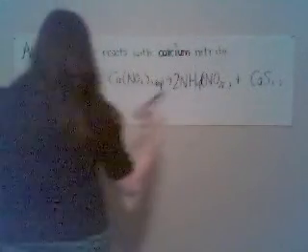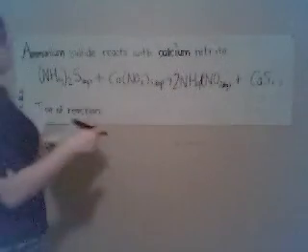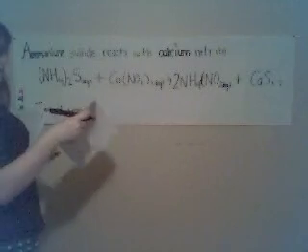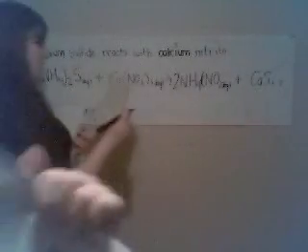The next one, I'm going to find states for NH4NO2. We already stated that everything is aqueous with NH4, so this is aqueous. And then you have your CaS, and you look at your chart and find S, and it says aqueous with group 1A and 2A. Conveniently, calcium is in group 2A, so it is also aqueous.